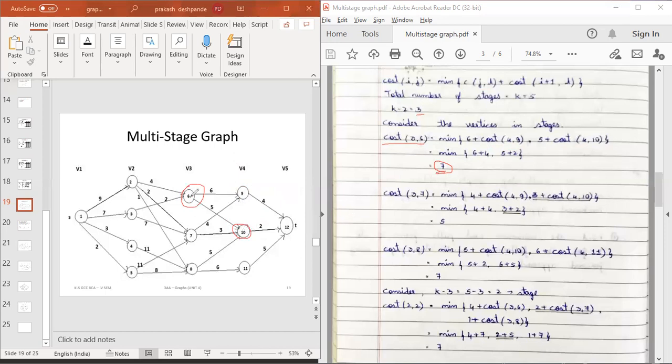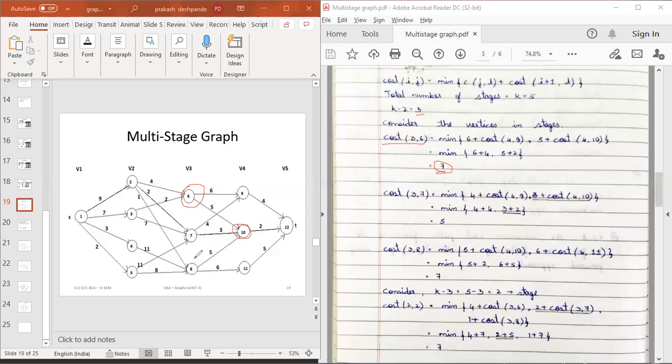Okay, now in the same way, in the third stage itself, I have two more vertices. One is 7 and the other is 8. Now, as I said, we are going to discuss dynamic programming. Now here, from this particular stage, I can travel to the destination, right? This is one of the solutions. Now I need to find the solution from the other vertices as well.